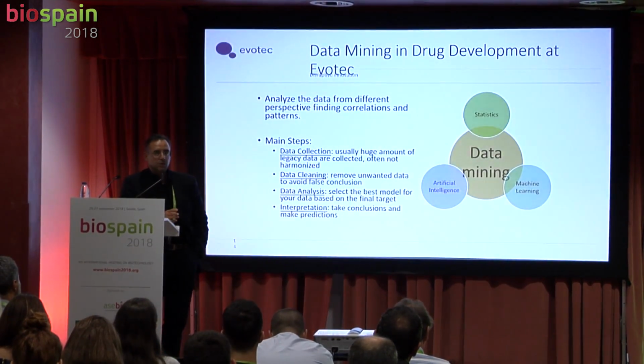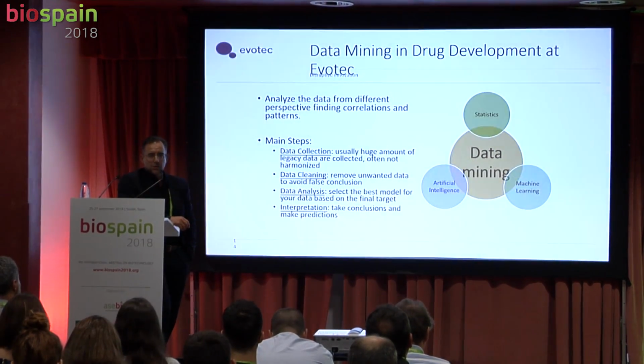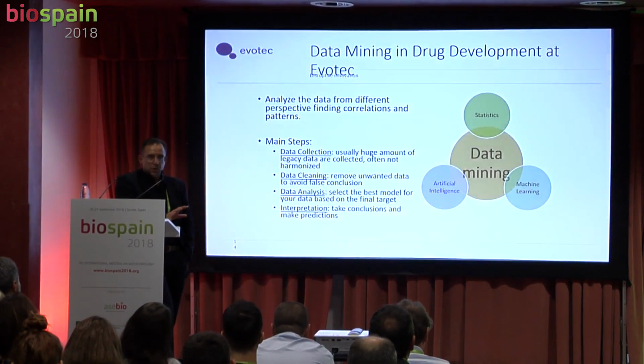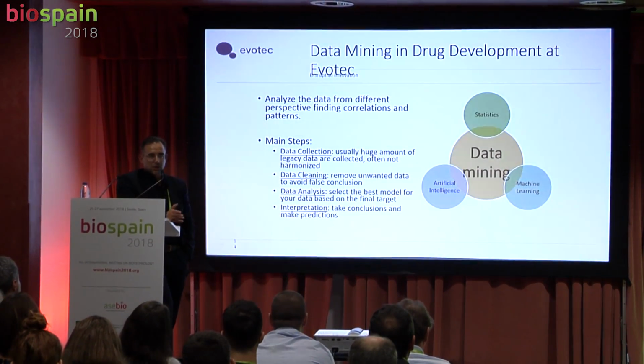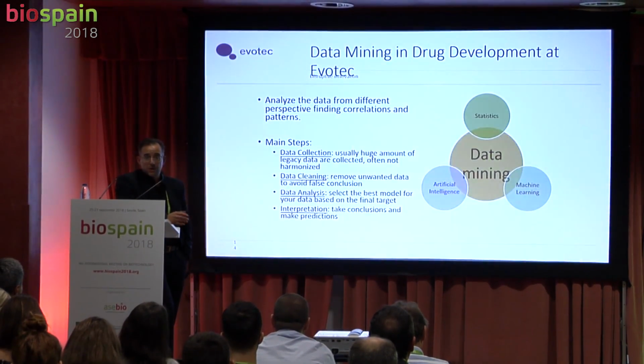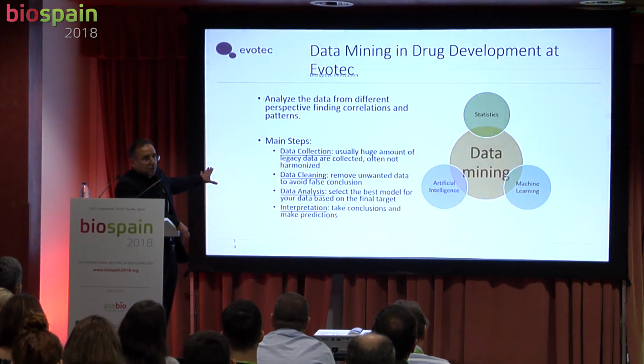So what we are doing is to use this data and to generate new interpretations of those data covering all those analogs. That's one application, and we are also using artificial intelligence to do that. So data mining in concrete means data collection.